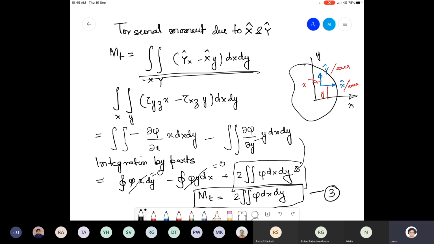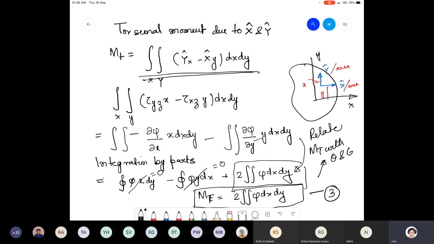Once I know phi, I know the shear stresses, and from expression 3, I know the applied moment. So from this expression, if I know phi, I can relate the MT, the applied torque, in terms of shear modulus G and rate of twist theta.